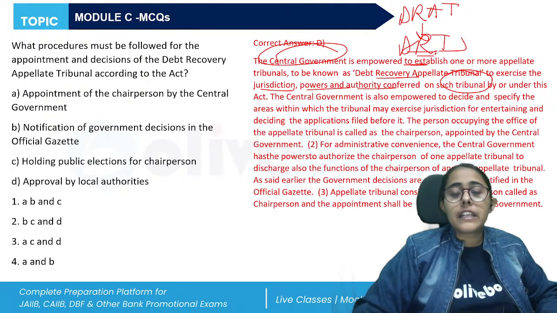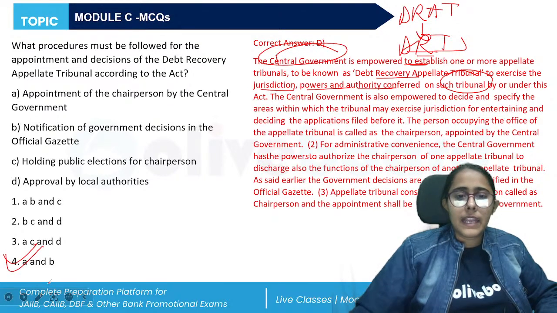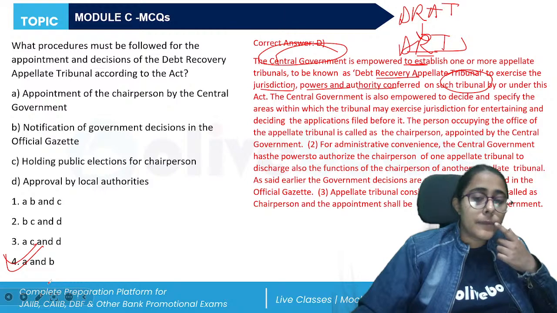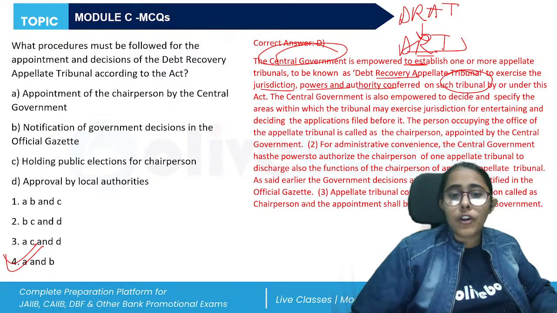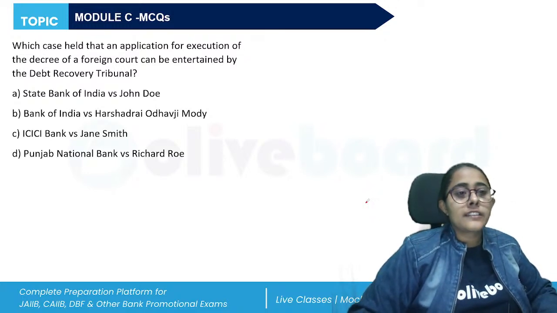The central government also has the power to specify the areas where the tribunal may exercise jurisdiction. So the correct answer is A and B. The appellate tribunal consists of only one person called the chairperson, who shall be appointed by the central government.